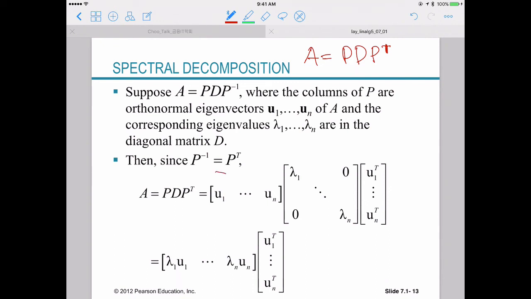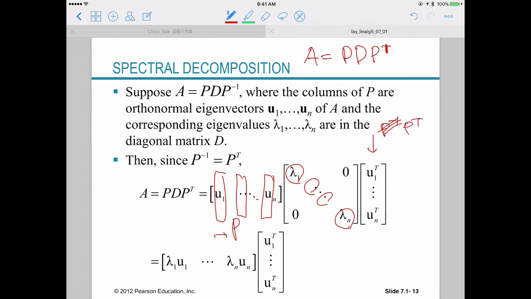We have P, which has orthonormal vectors as its columns, and we have the eigenvalues. In the place of P inverse, we have P transpose, because that is the inverse of the matrix P. So in this part, we have these rows as orthonormal vectors.